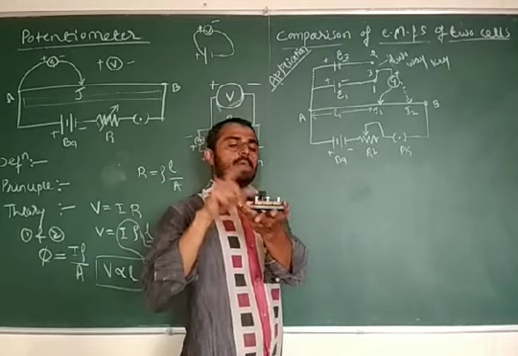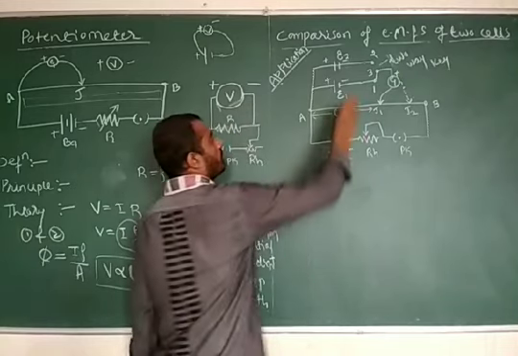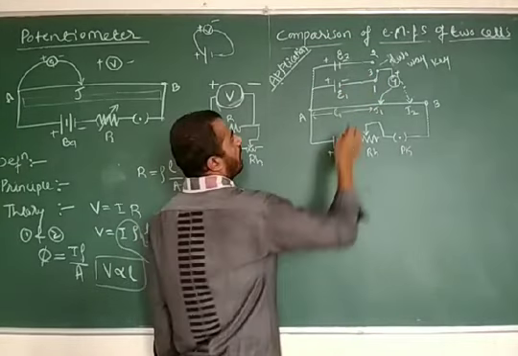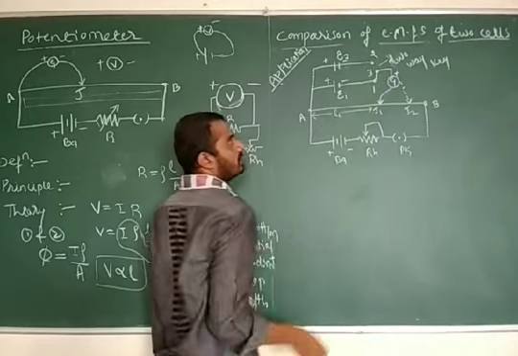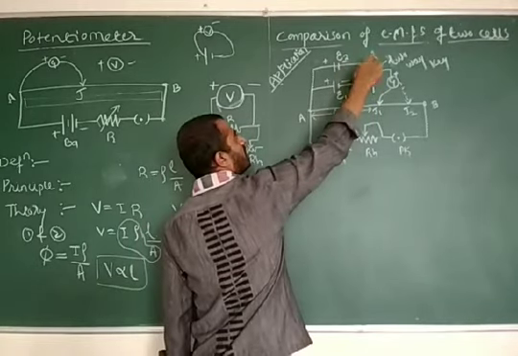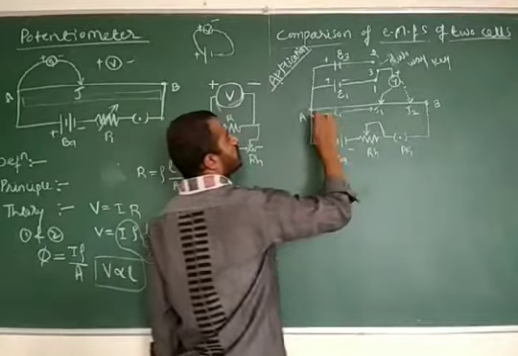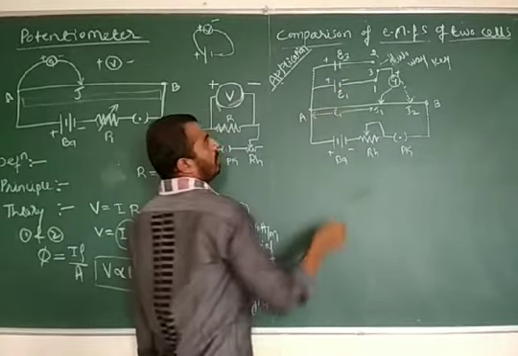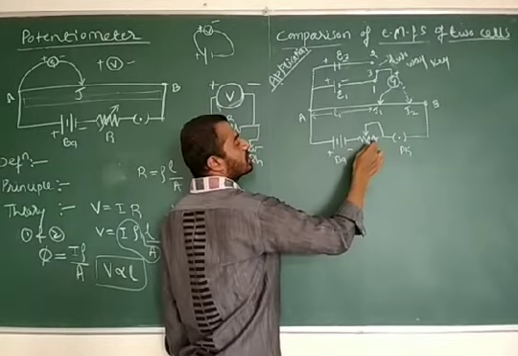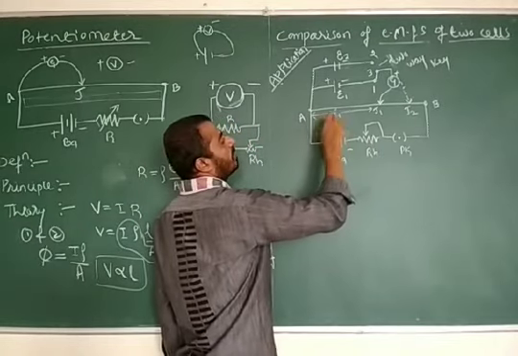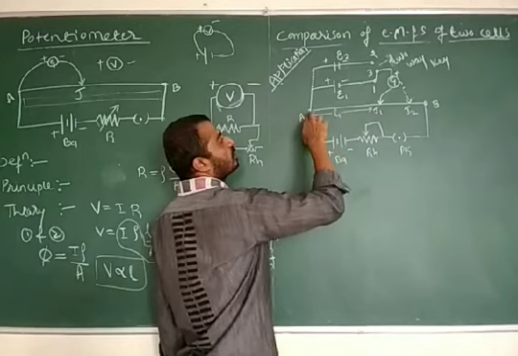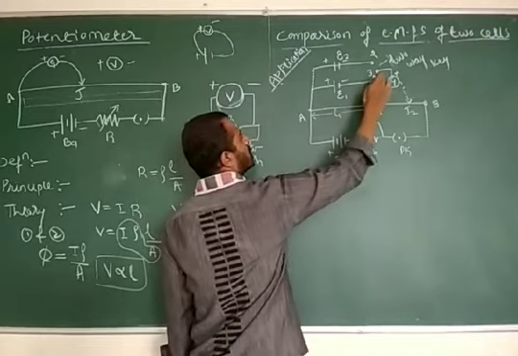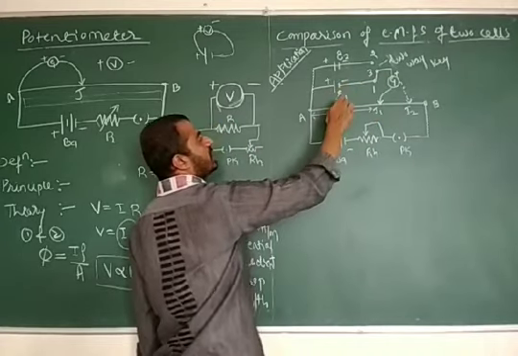If I keep only one key between 1 and 3, and the other key is not there, I can make this cell of EMF E1 active, and there is no flow of current from the second cell. Current flows from the first cell of EMF E1. By adjusting this rheostat, you can make a steady constant current pass through the wire of the potentiometer. Close this key and make the first cell of EMF E1 active.